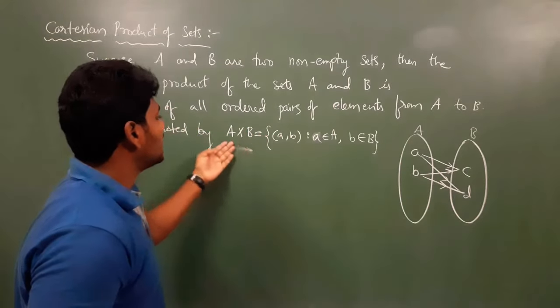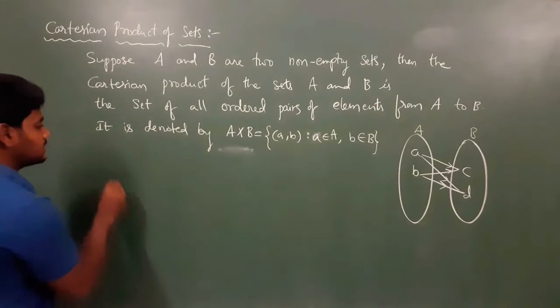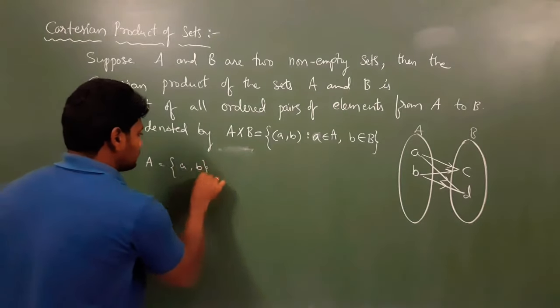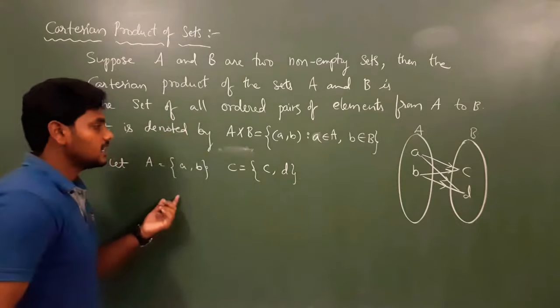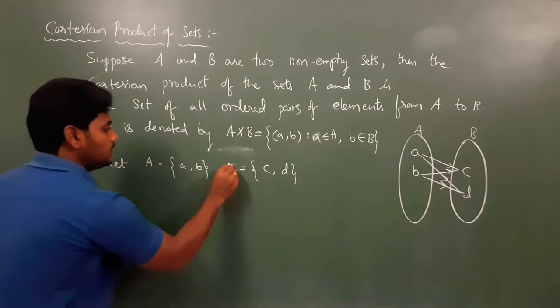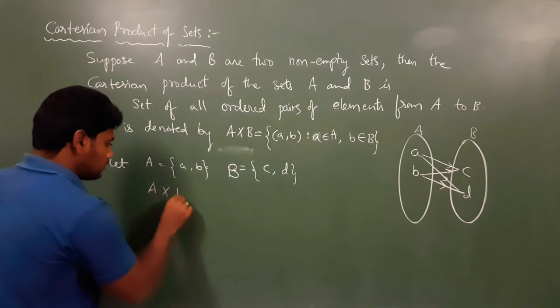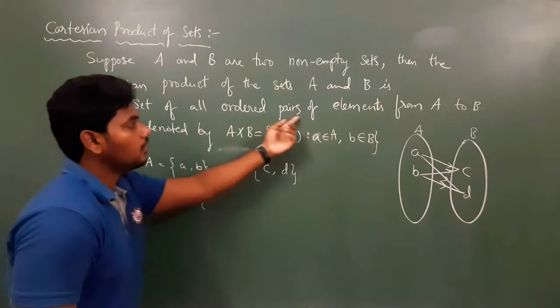This is what a Cartesian product is in set form. Here I will write an example. Let capital A is equal to a comma b, capital B is equal to c comma d. Then what is the Cartesian product of A and B? Cartesian product of A and B we will denote with A cross B is equal to set of all ordered pairs.